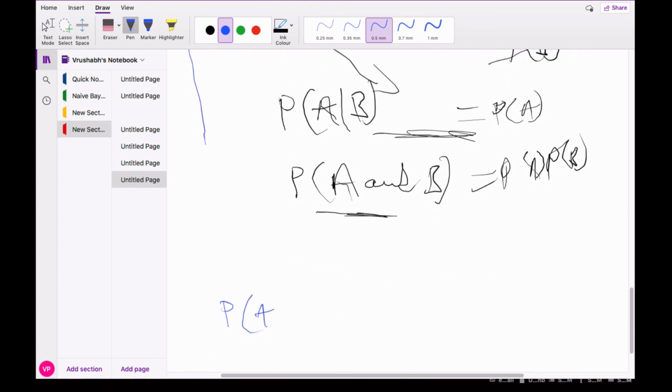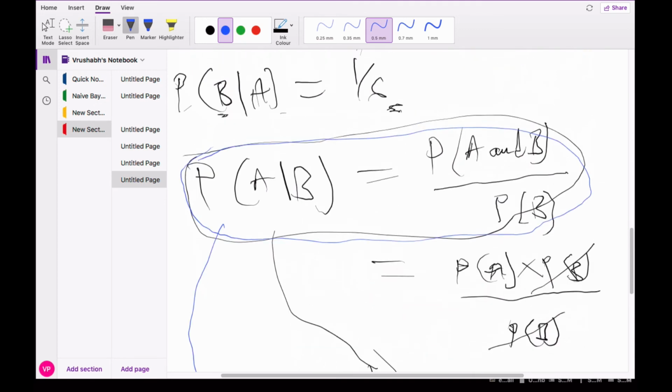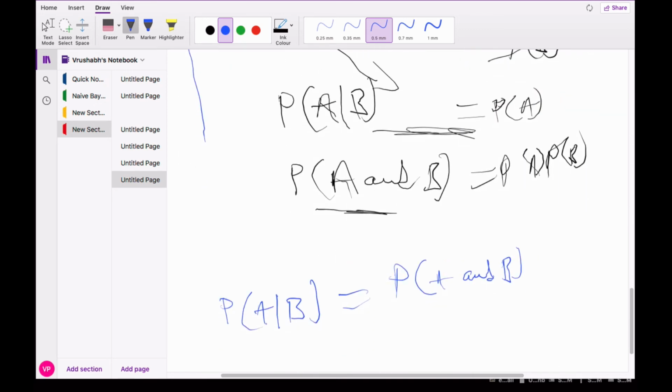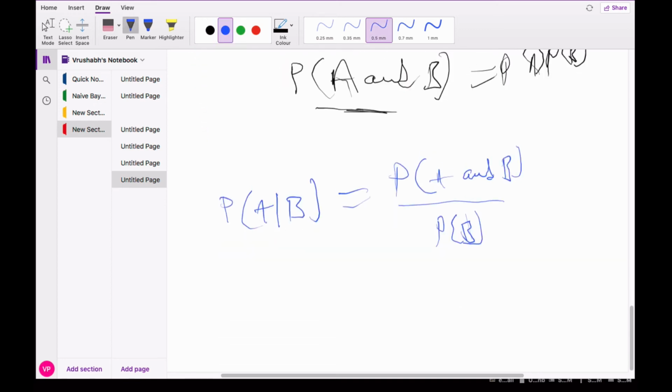So we have probability of A, given that B has already happened, equal to the probability of A and B divided by the probability of B. So this is basically what we have.